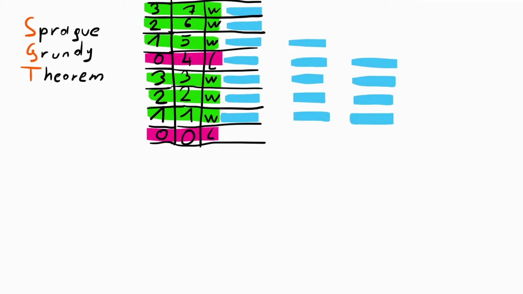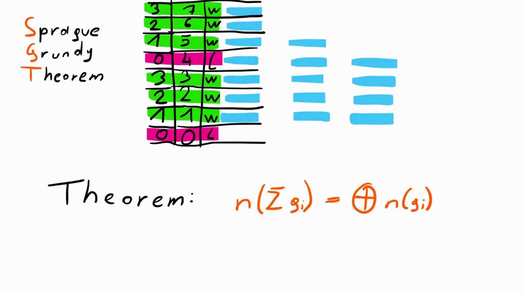The theorem says the number value of the sum of multiple games is the same as the XOR of the number values of the individual games. So here we have 3 different games, one with size 7, one with size 5, and one with size 4.